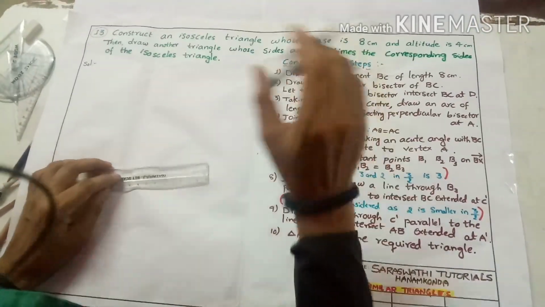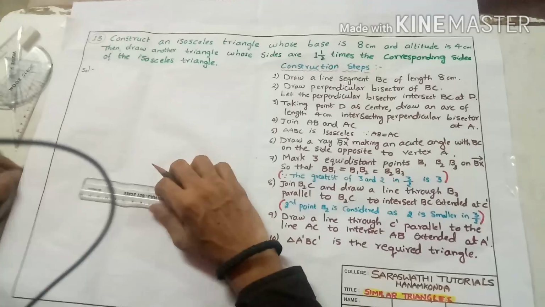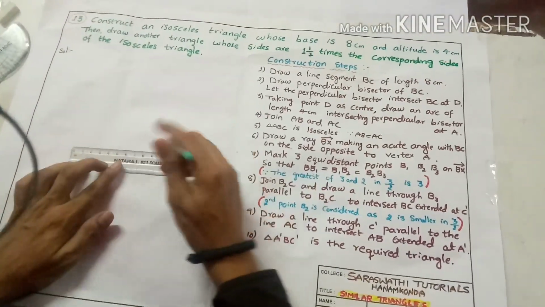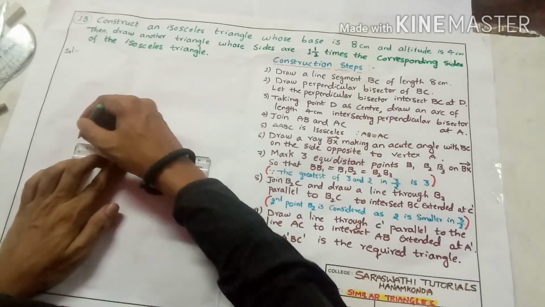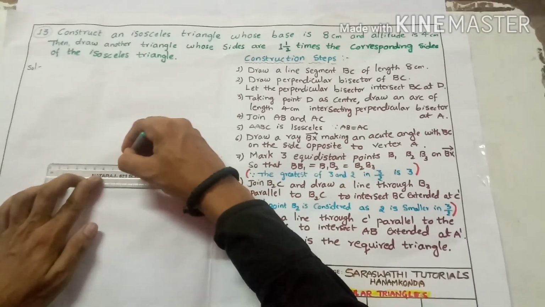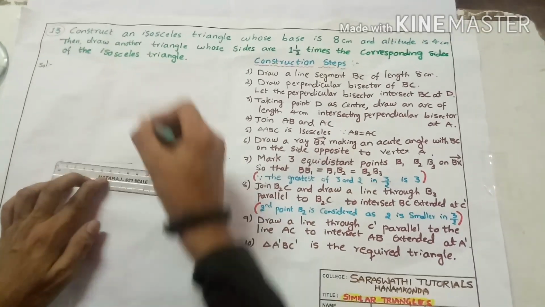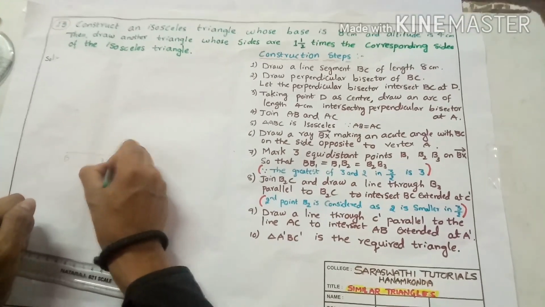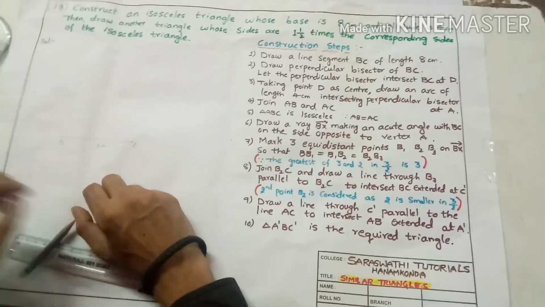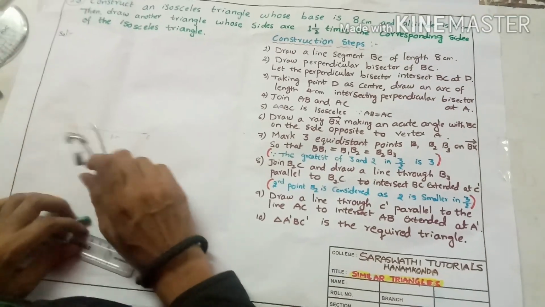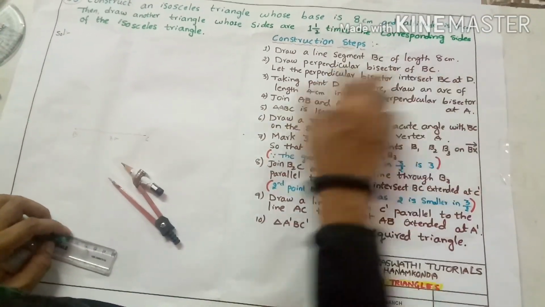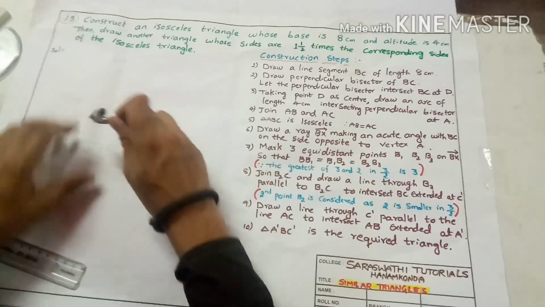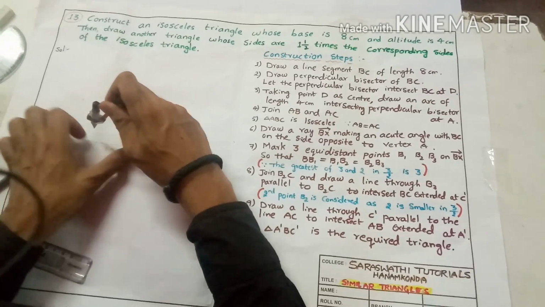So first step is draw a line segment BC of length 8 centimeters. So we are taking here BC as 8 centimeters. Draw a perpendicular bisector of BC. To draw a perpendicular bisector, we know that we have to take more than half of this length.